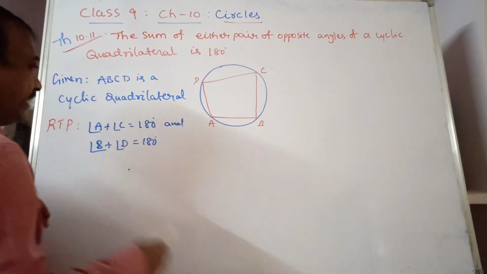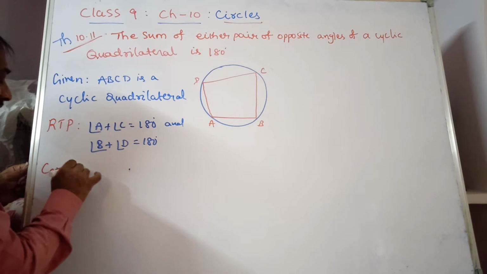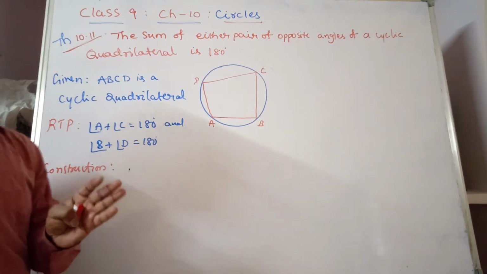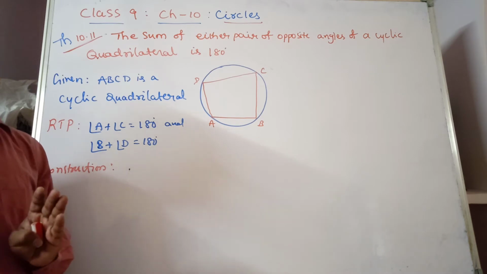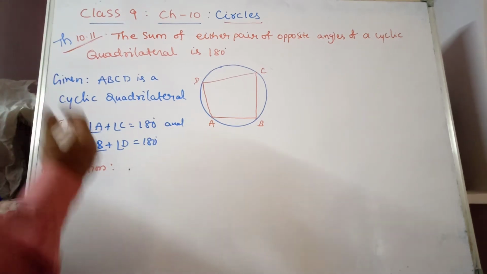For that, observe the construction. In this chapter we have some properties and theorems, such as angles on the same segment of a circle are equal. Using that concept, we are going to prove this.